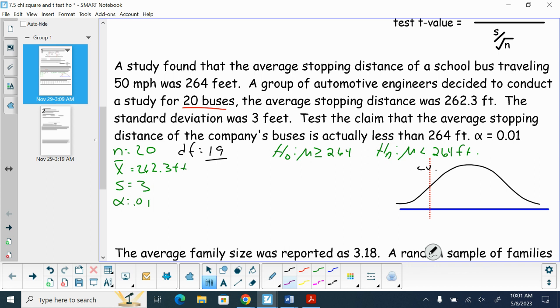Make sure you go to 0.01, and now we have one tail. So we have to go to the alpha value of 0.01 on the one tail. Don't go to your two tail, go to your one tail. And we drop that down to our 19.